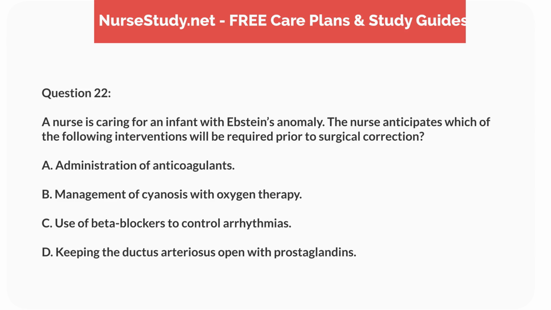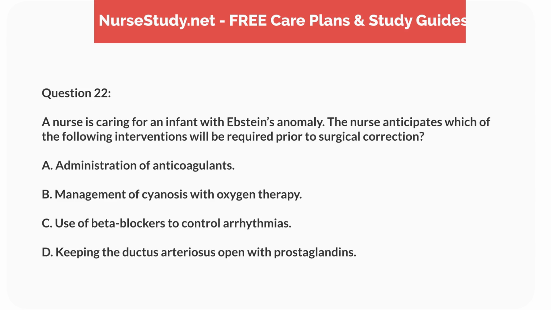Question 22. A nurse is caring for an infant with Ebstein's anomaly. The nurse anticipates which of the following interventions will be required prior to surgical correction. A. Administration of anticoagulants. B. Management of cyanosis with oxygen therapy. C. Use of beta blockers to control arrhythmias.